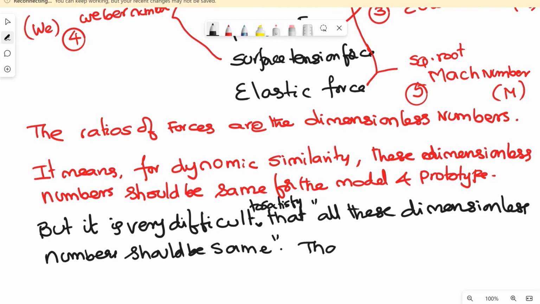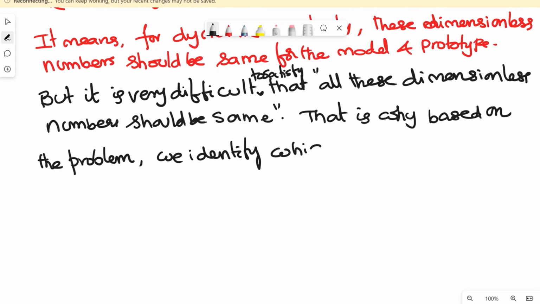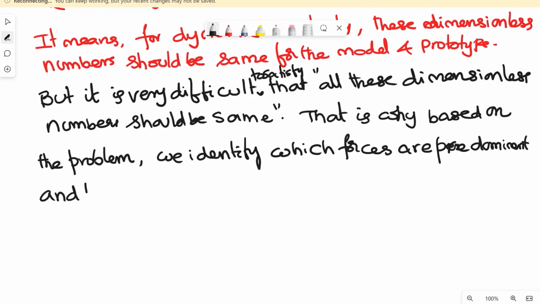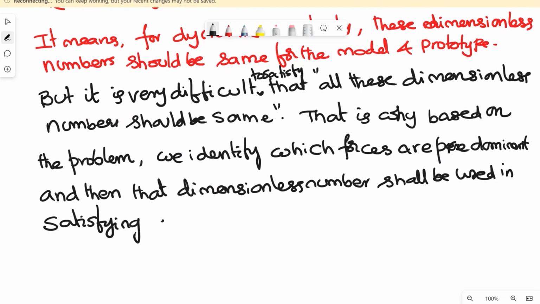So that is why, based on the problem, we identify which forces are predominant, and then that dimensionless number shall be used in satisfying dynamic similarity.